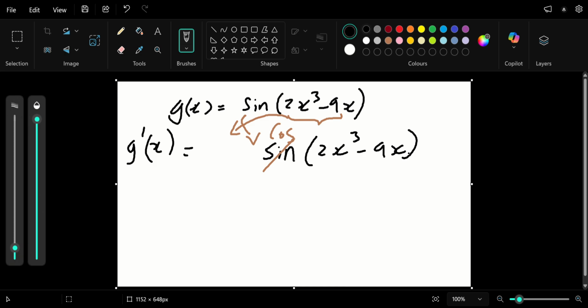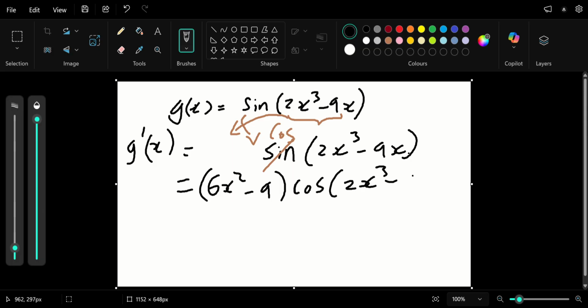So in the end, we should get 6x squared minus 9, cos of 2x cubed minus 9x. But what about g double dash of x?